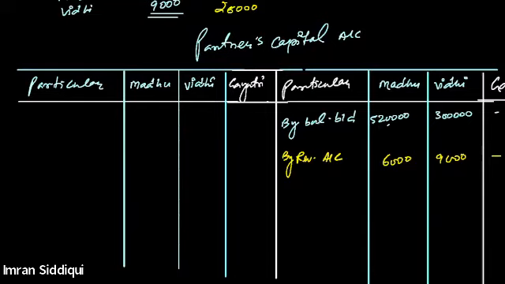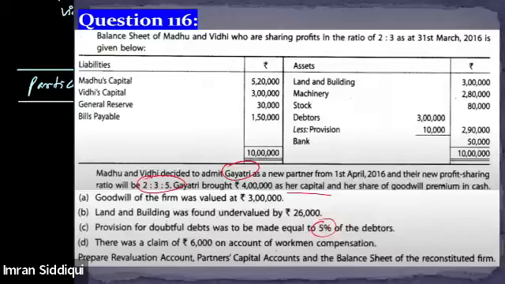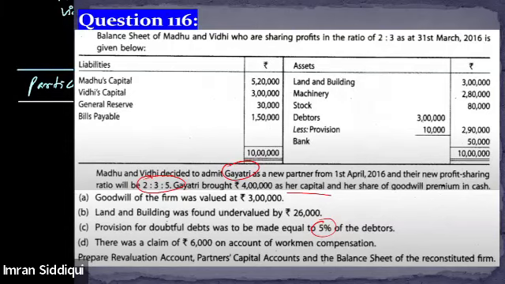Okay. Then there was some general reserve on the liability side. Both of you are able to see the general reserve on the liability side of the balance sheet. Yes, 30,000. Since there is no adjustment entry given in the question regarding the general reserve, we can simply distribute it among the partners in the old ratio.